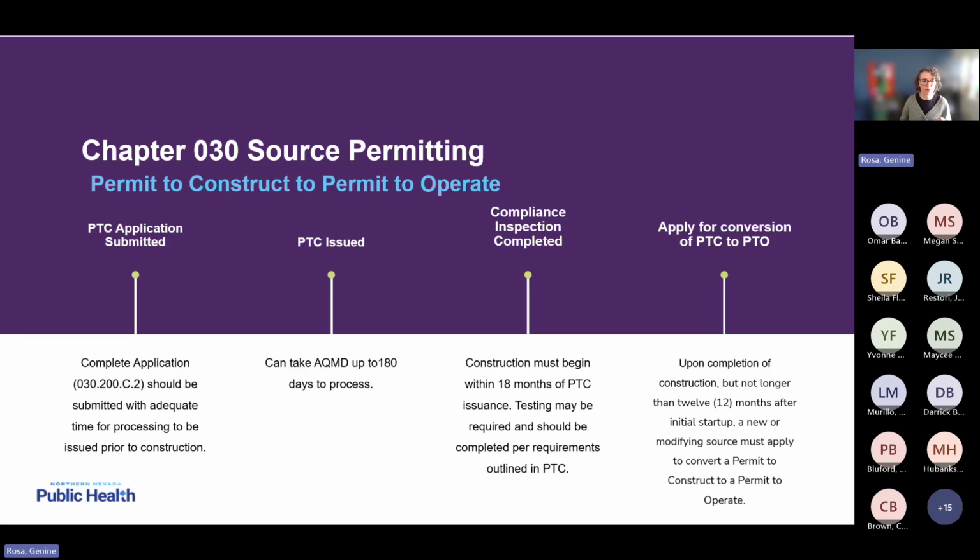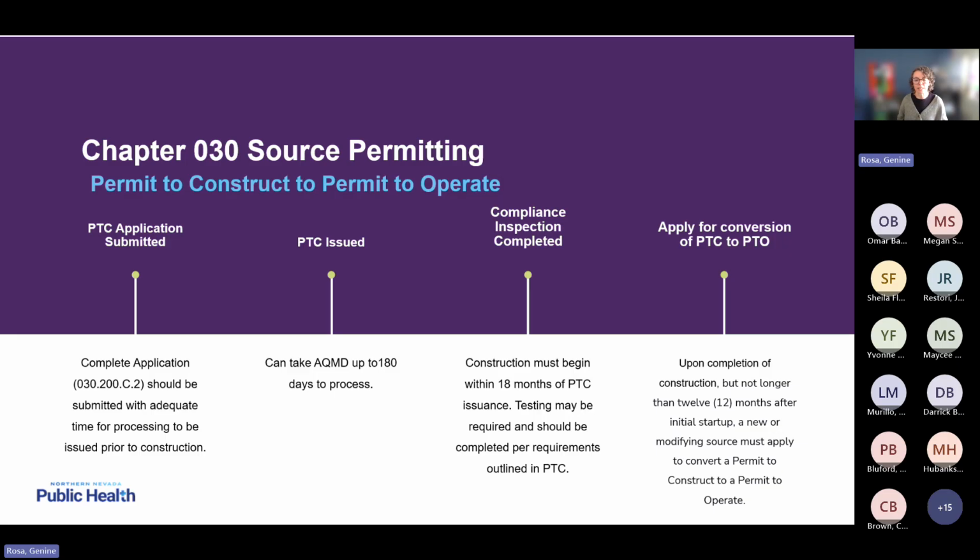You should apply well in advance of constructing any emissions unit, and have it issued prior to construction. You should have your permit to construct before any equipment hits the ground. This can take the Air Quality Management Division up to 180 days to process.